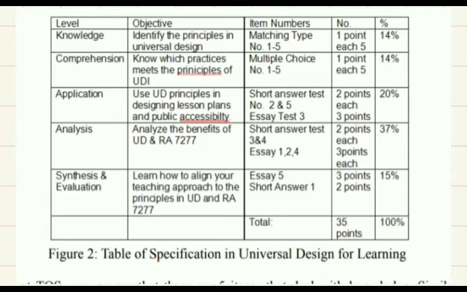It has 2 points, and the test can also be found in essay test number 3, which has 3 points. And we have to divide it by 35 and multiply it by 100. Then we get the total percent of 20. Same with analysis, synthesis, and evaluation, where the total percent is 100, and that corresponds to the 35 test items that were given by the teacher.